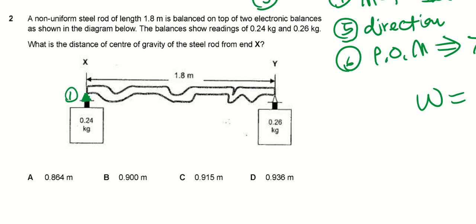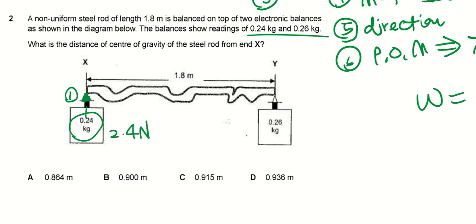Are we okay? Step 2, how many forces are there? 2. What are they? 2.4 and 2.6. Is that all? The reading shows 2.4. That means something is pressing down on the weighing scale with a force of 2.4 Newton.